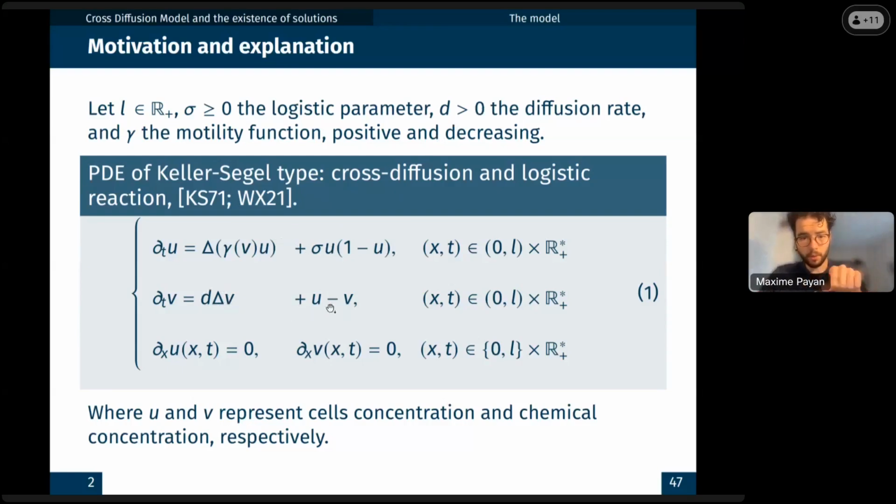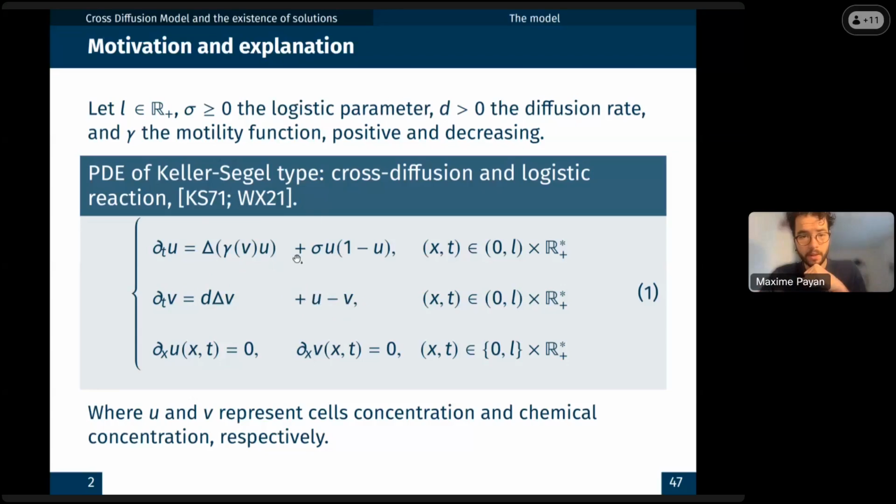And if we focus on the second row, the dynamics on V, this is a species that U creates, and it disappears in the environment at the same time, at the same rate, if you want. It's a kind of chemical signal. That's why we call this system a chemotaxis model.